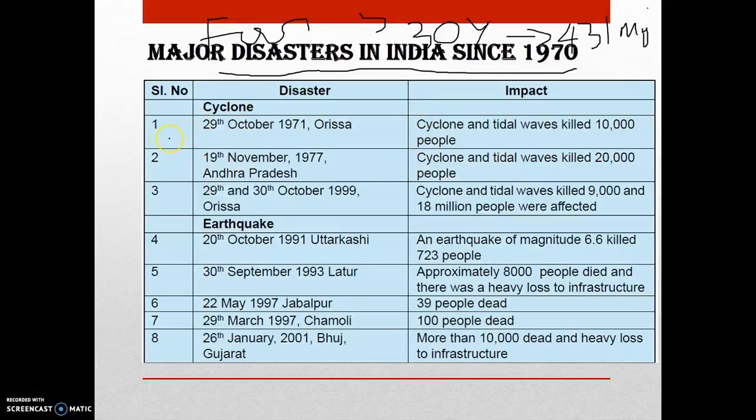In this, it is very important: 1971, Orissa cyclone killed 10,000 people. This is also important. In 1977, the Andhra Pradesh cyclone and tidal waves killed 20,000 people. On 26 January 2001, the Bhuj earthquake in Gujarat, more than 10,000 dead and heavy loss to infrastructure.